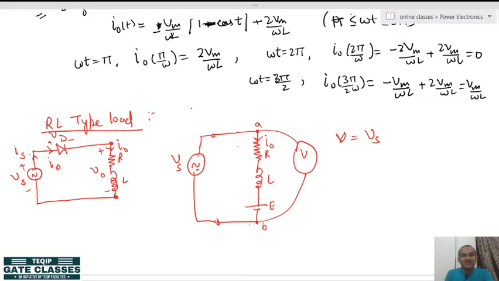So whatever the combined value across the AB terminals is, that value will be read by this voltmeter. Now you have to notice one thing here, please don't get confused. We are not talking about only the simple resistive voltage, only the inductive voltage, or only the E battery voltage. We are taking the total terminal to terminal value, meaning the combined value of VR plus VL plus E, which will be equal to V.